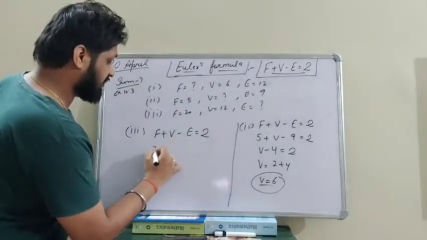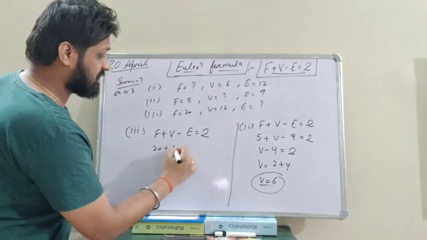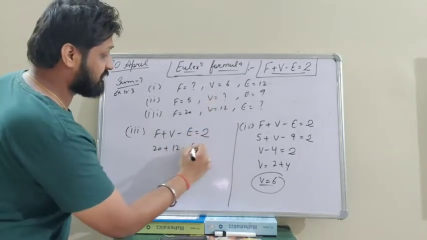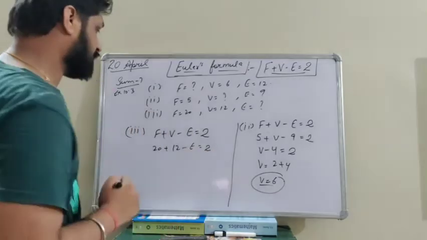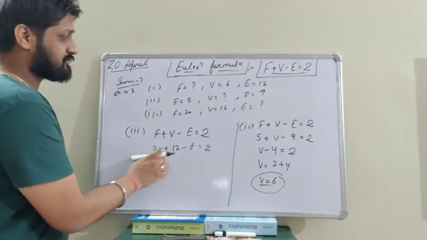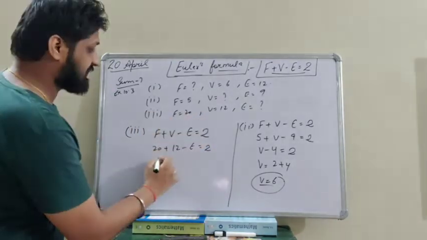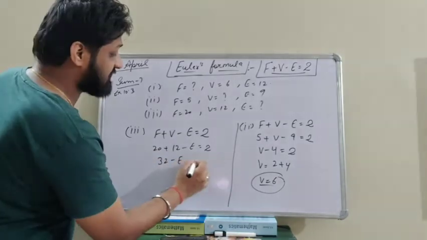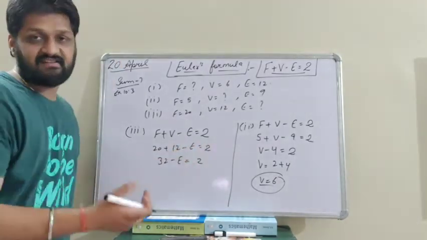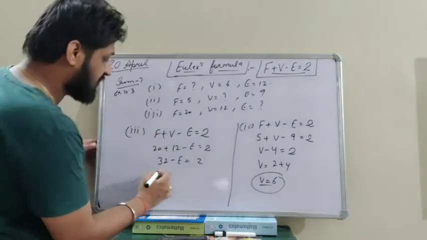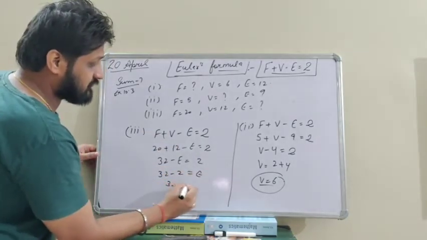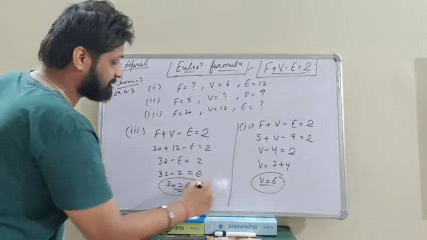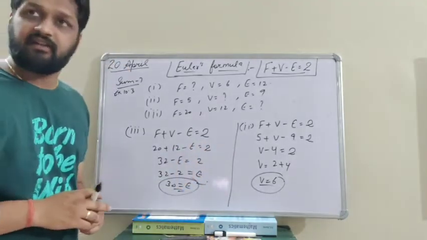So faces are 20, plus vertices 12, minus edges we have to find out this time, and here it is 2. Now faces plus vertices, 20 plus 12, that is 32, minus edges, that is 2. Now we can take the edges to the right hand side, so the sign will change. 32 minus 2, that is 30, is equal to edges. So the number of edges is 30.